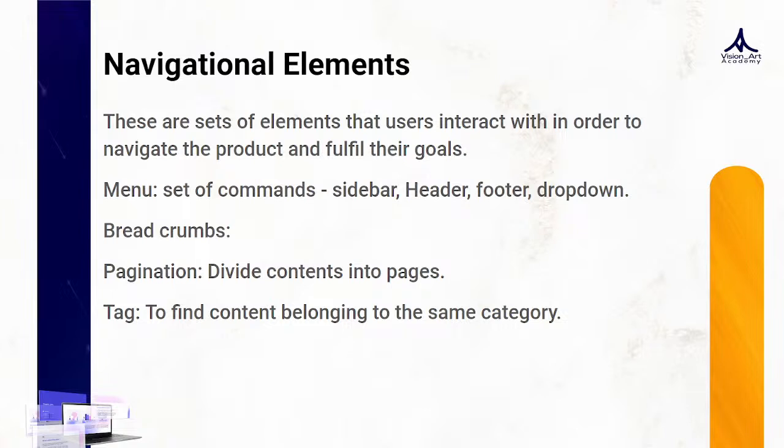These are sets of elements that users interact with in order to navigate the product and fulfill their goals, in order to complete a specific task. These are the elements they click on, like your menu bars, which involve your home, your profile, your goals, your search, and the like. So that's a menu bar.